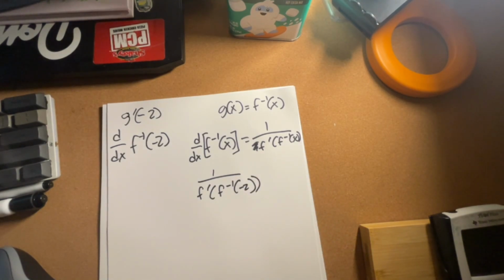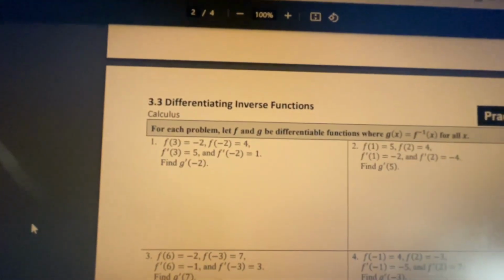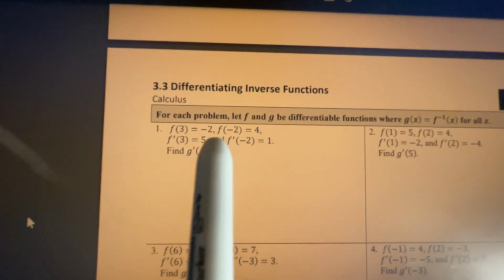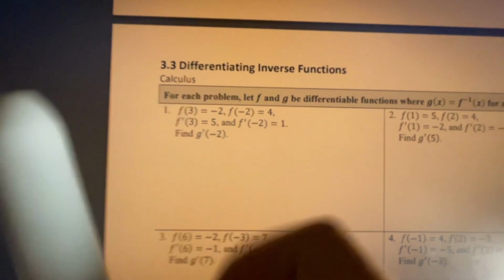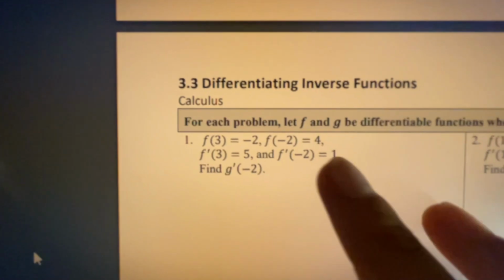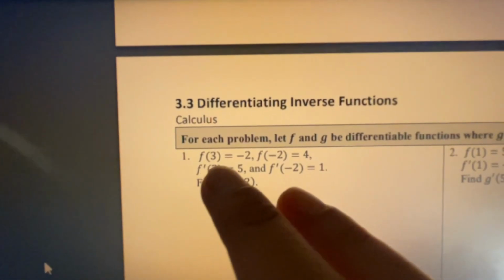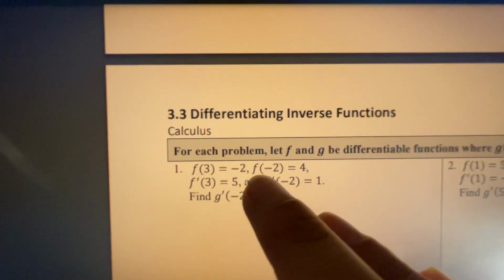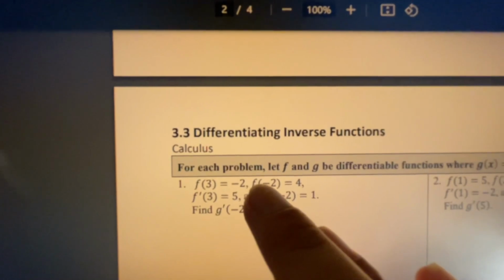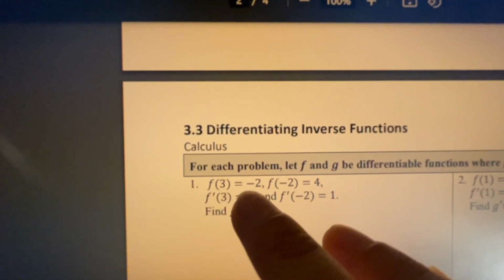Whenever we do these types of problems, they're always gonna try to trick you. So you might go for this one, but that's a derivative. That's nothing to do with what we're trying to find, which is f inverse of -2. So ignore that because it's a derivative. And here, it might trip you up because it's f of -2, not inverse. When it's inverse, you have to look at the y first.